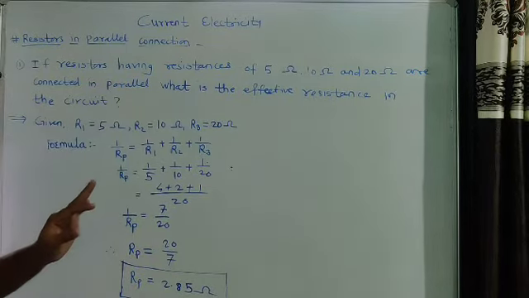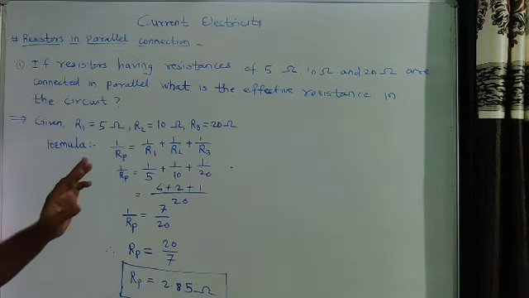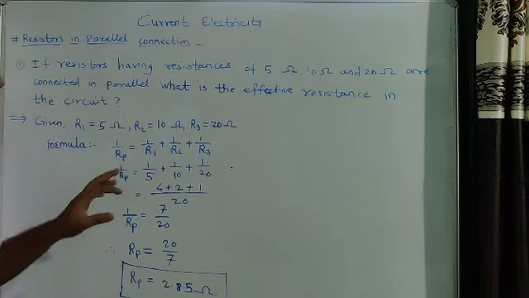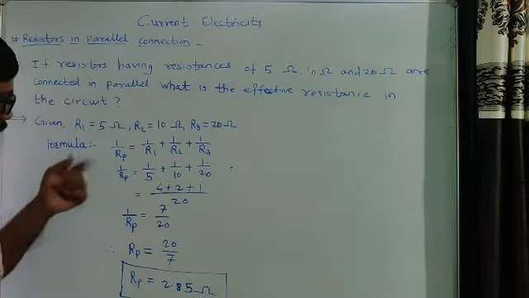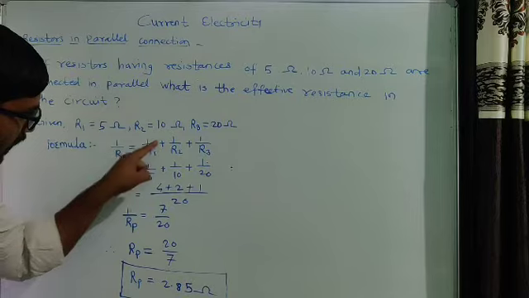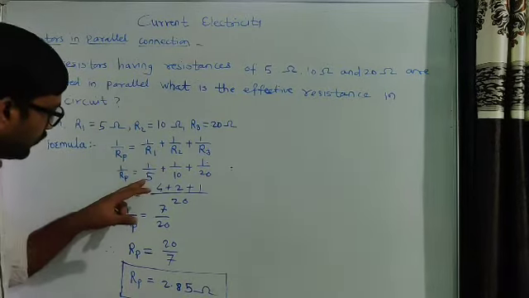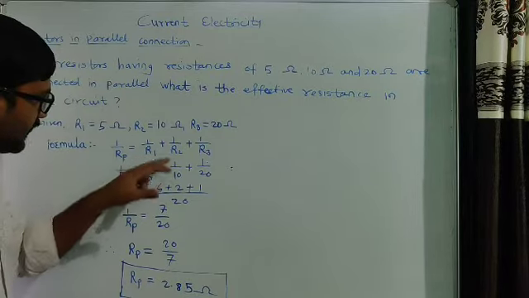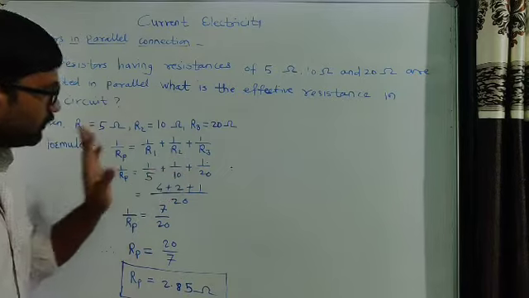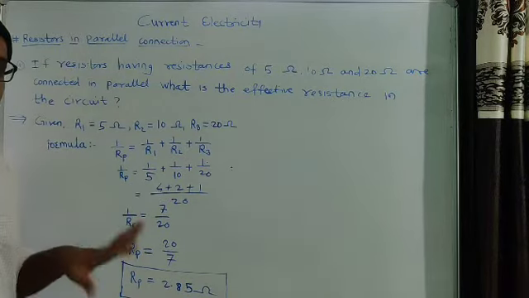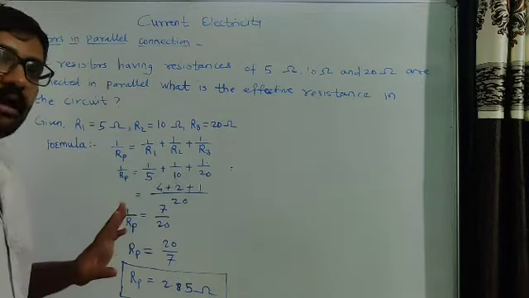Then the formula of parallel resistance: 1 by Rp is equal to 1 by R1 plus 1 by R2 plus 1 by R3. Putting the values, R1 is 5 ohm, so 1 by 5, plus R2 is 10 ohm, so 1 by 10, plus R3 is 20 ohm, so 1 by 20.